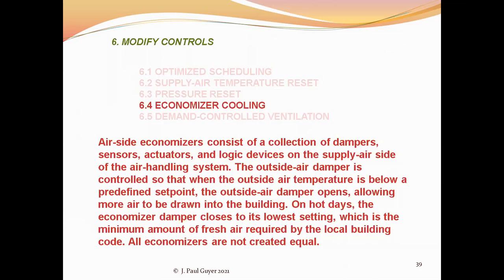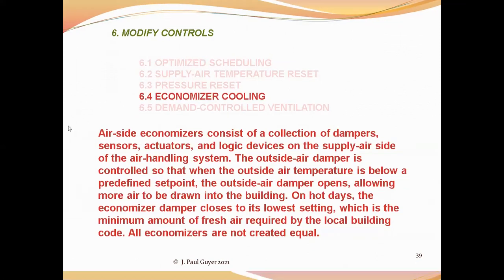So if your existing system does not have an economizer, you should look seriously at retrofitting an economizer system to take advantage of outside air when it is right at the temperature that you want it to be.